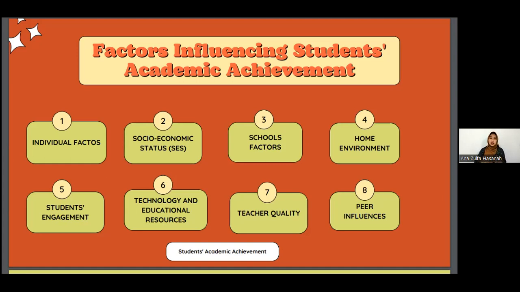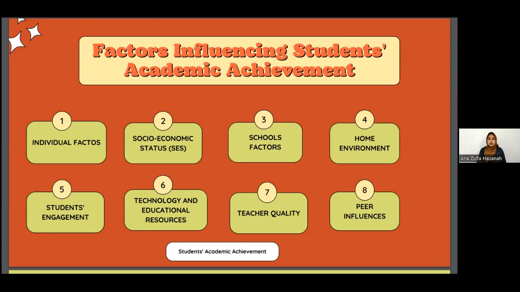students from higher economic status backgrounds tend to have better access to resources such as quality materials, tutoring, extracurricular activities, and many more factors that support and can positively impact their academic achievement. And also the peer influence.